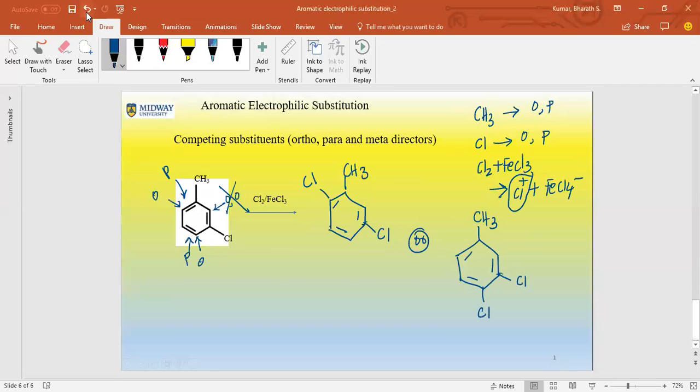Why we can have this is because of steric hindrance. Okay. It's because of the bulkiness of the two groups, right? So these are the two products possible.